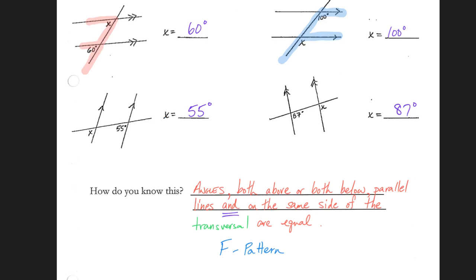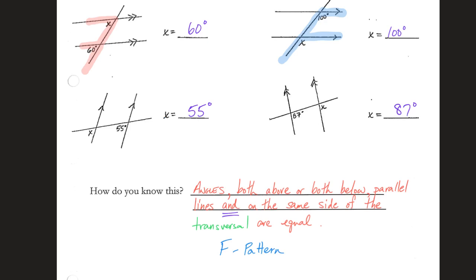Now, I chose to put in the words both above or both below just to avoid some confusion. But really what that definition says is angles that are both on the same side of the parallel lines and on the same side of the transversal. I just thought that we might have got a little confused about seeing same side written in several spots. Take a look at the third diagram, our 55-degree diagram.